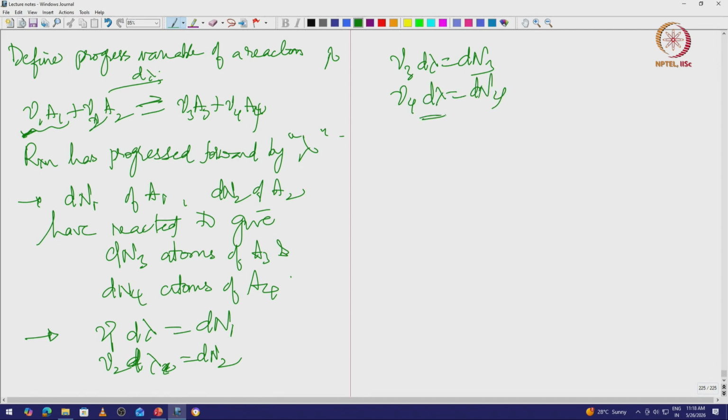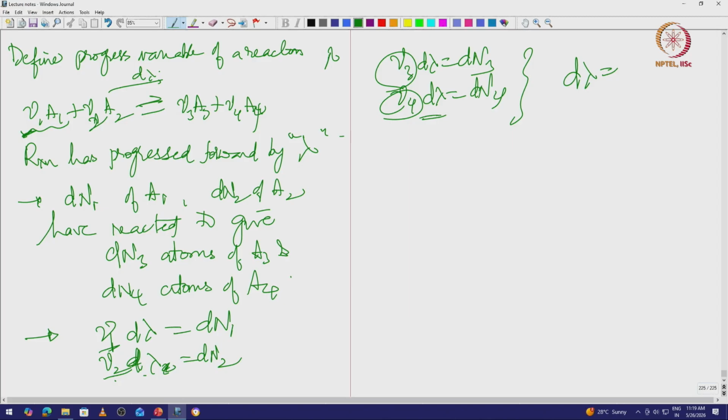So lambda is now more important, and so how are n_1, n_2, n_3, n_4 related? They are related through these coefficients to lambda, right. So this becomes easy to just see, okay. You can think about this, and this turns out to be correct.